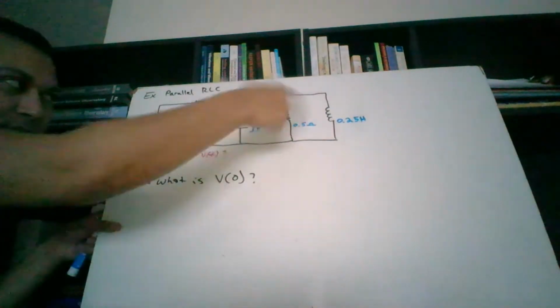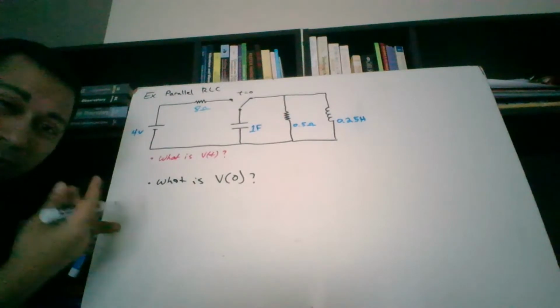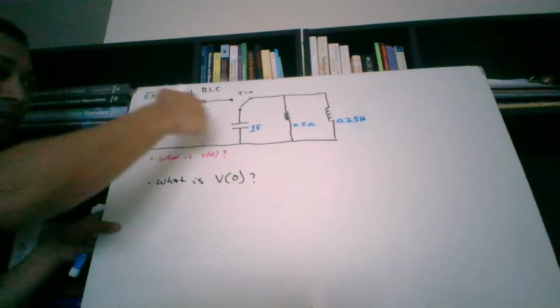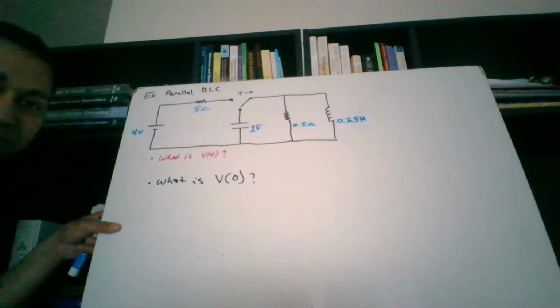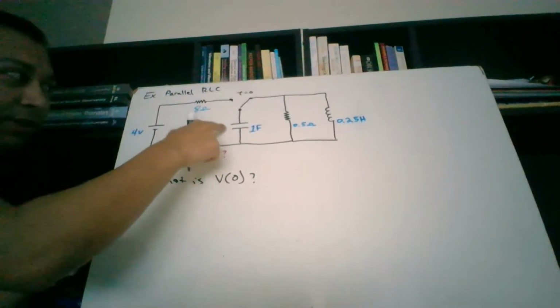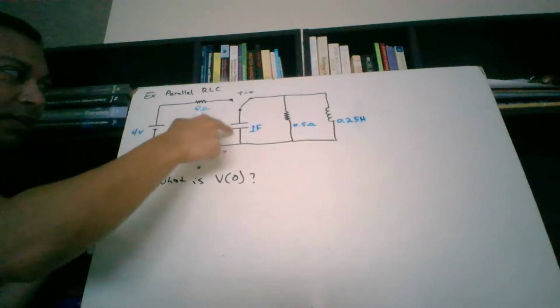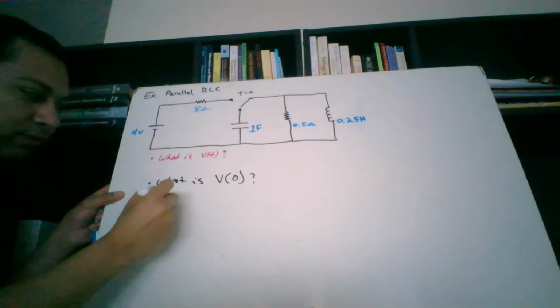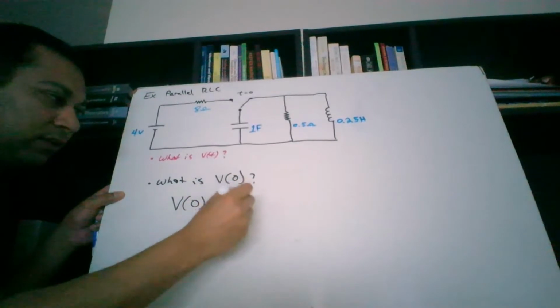And we want to know what the voltage in this is at time equals 0. If you remember, this was just an LRC circuit. The voltage of the battery is going to equal the voltage of the capacitor in the beginning. So at time equals 0, the voltage here is just going to be the voltage of the capacitor. So voltage at time equals 0 is equal to 4 volts.